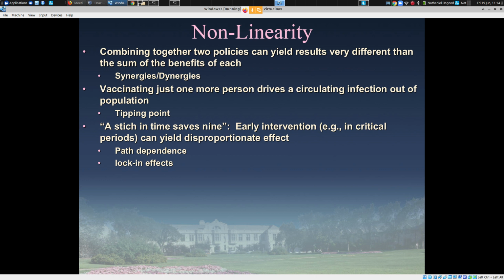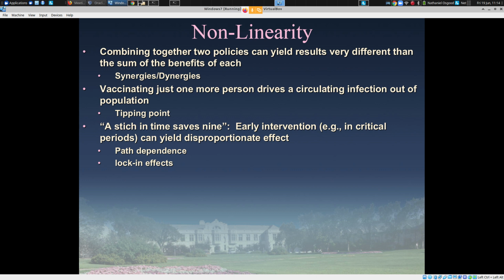But if we consider the benefits from each policy in isolation and then consider the benefits from combining them, the benefits from combining them can often be very different than the sum of the benefits of each in isolation. There are synergies and there are dynergies. There are ways they work at cross purposes or duplicate each other in ways that don't yield much added effect.